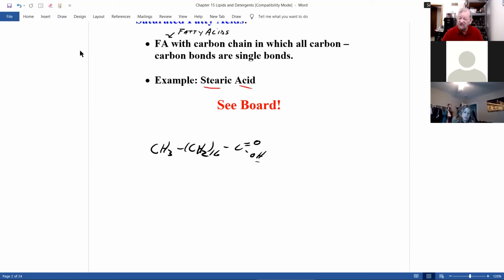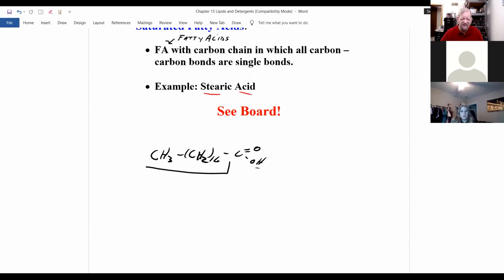Notice 16 plus 2 is 18 total carbons, and this is stearic acid. How do we know it's a saturated fatty acid? Because in this part right here, my R, there are only carbon-carbon single bonds. And this is a white solid at room temperature.